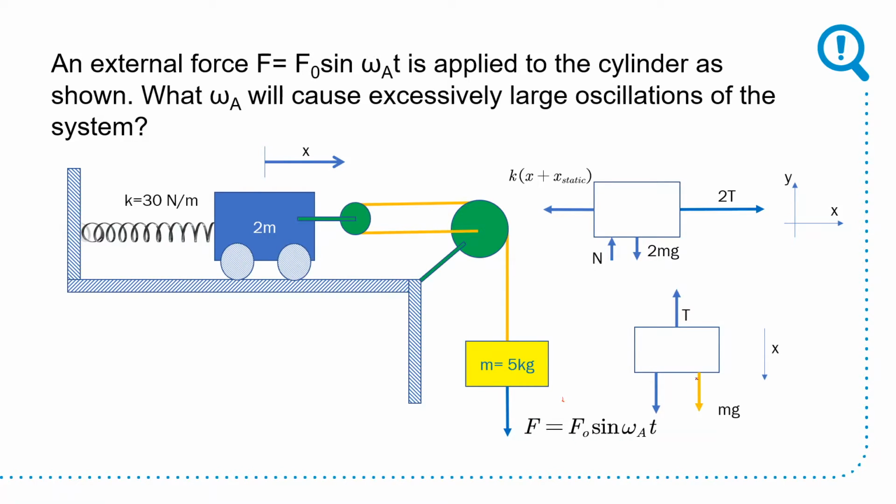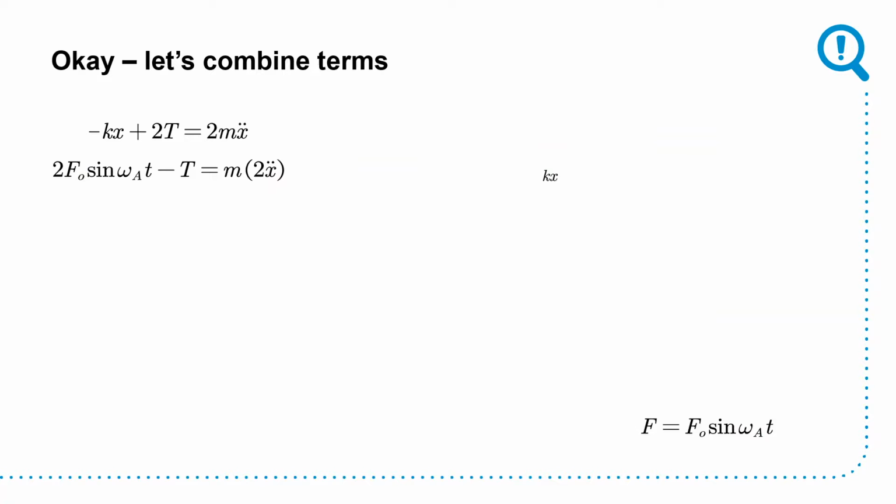And I have the weight, which is not going to play a role too much. And I've got tension. So if I write this all out, I can get rid of the weight because it's going to be eliminated when I look at the spring force. And that's my static equilibrium terms.